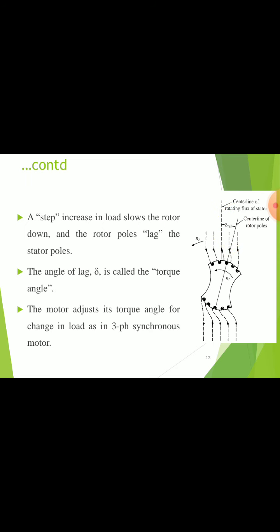If you are giving a load, what happens? The rotor lags by an angle, and that lagging angle is called the torque angle. The motor adjusts its torque angle for change in load, as in a three-phase synchronous motor. We already studied this in S4 sim, where we discussed what is torque angle.